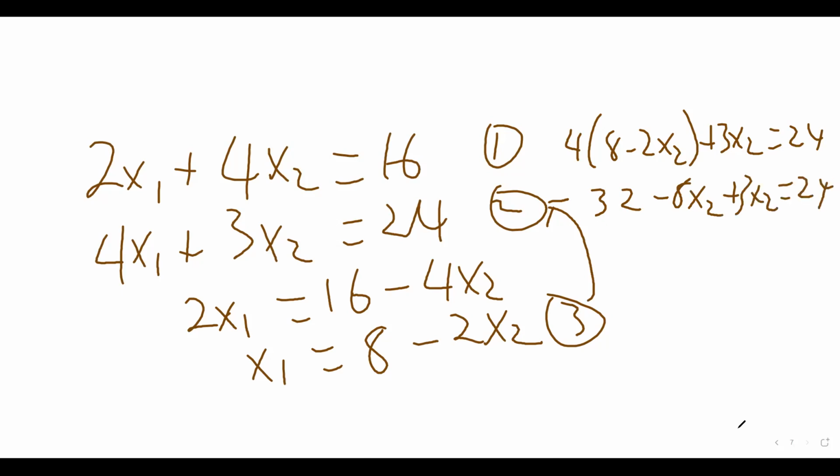I'm just going systematic for reasons like that. So when you add this, you get minus 5x2. You take it to the right-hand side, you get plus 5x2. And then when you bring the 24 to here, you get 32 minus 24.